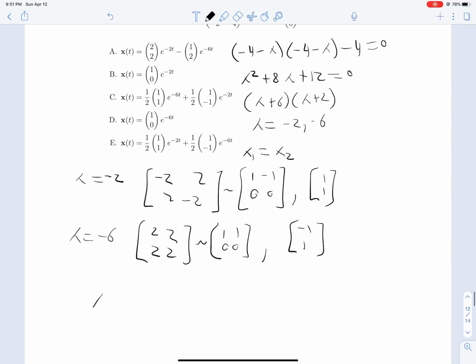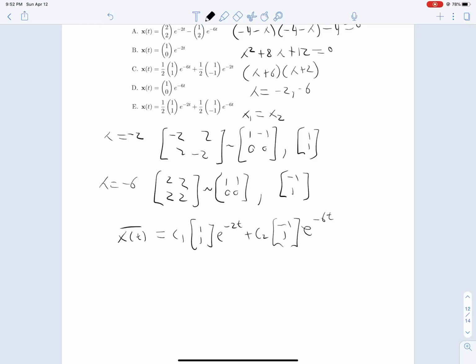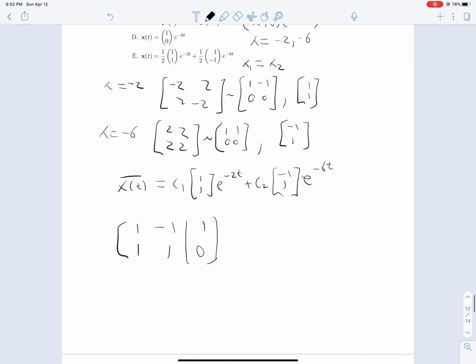Setting up x of t at this point, we have c1 v1 e to the lambda 1 t plus c2 v2 e to the lambda 2 t. So we can set up a little augmented matrix here with 1, -1, 1, 1, 1, 0, using the initial condition that they give us. Subtract row 1 from row 2, you will get 0, 2, -1.